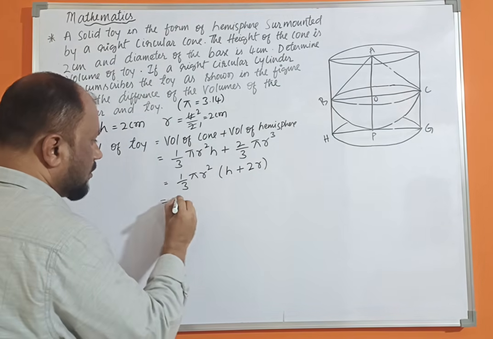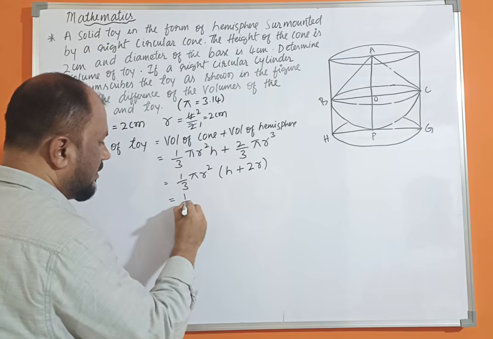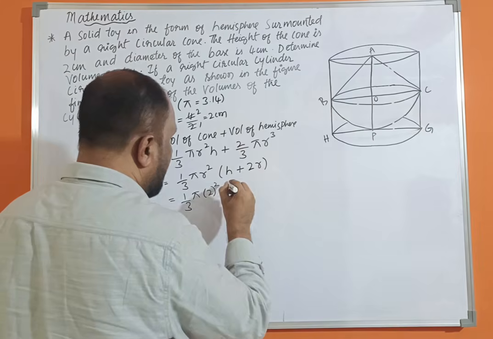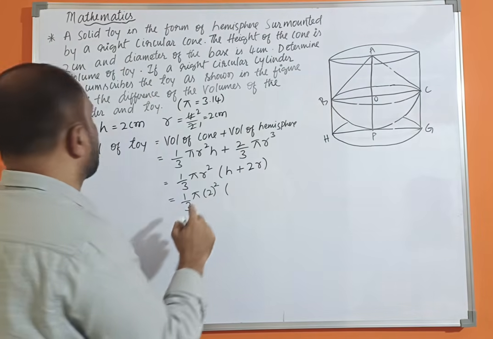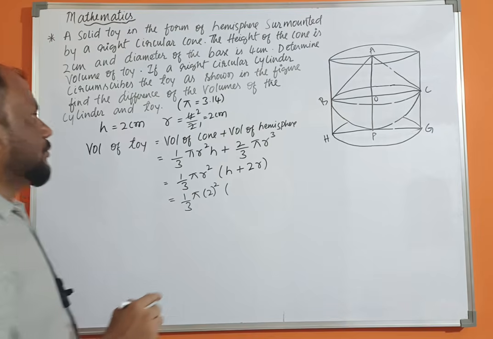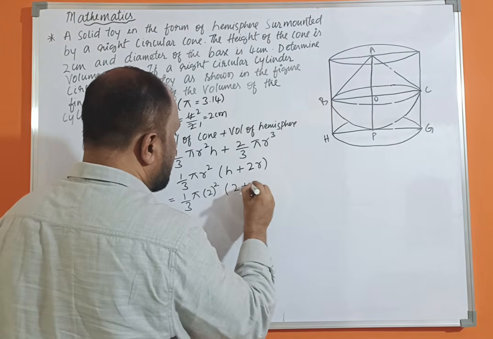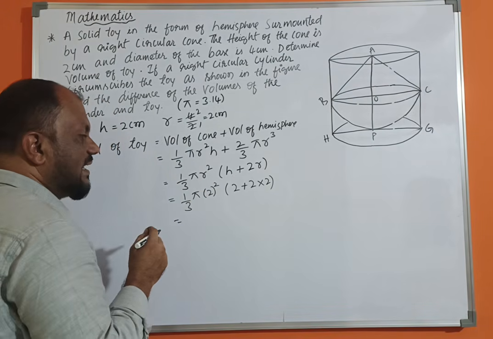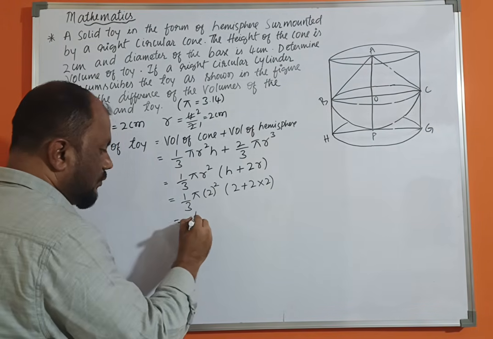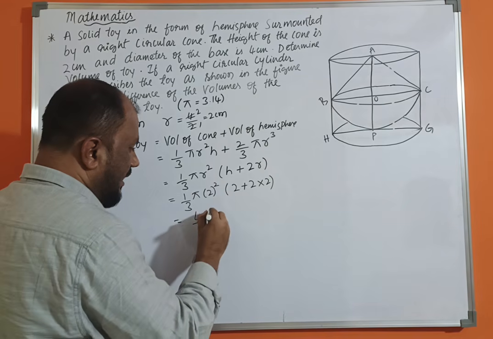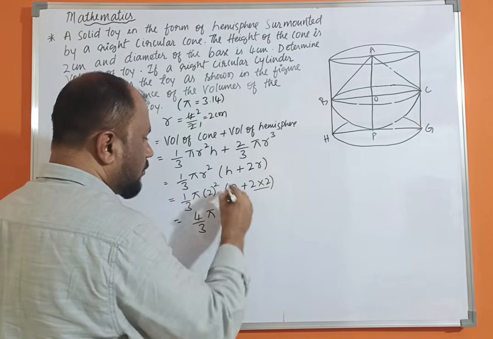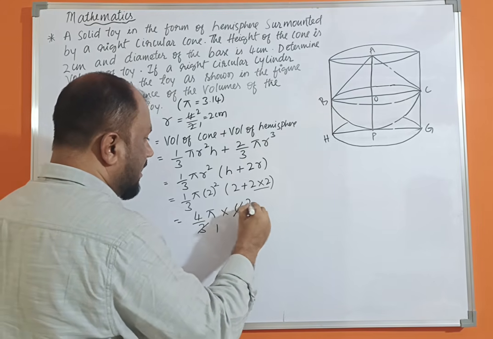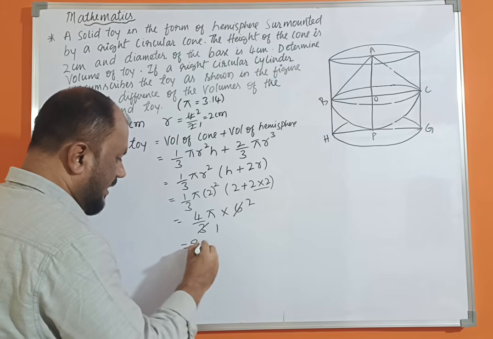Now 1 by 3 into pi, r is 2, square in bracket. h is the height of the cone, 2 centimeter, plus 2 into radius, which is also 2. Now 2 square is 4. 4 into 1 is 4 by 3 pi into 4, 2 times 4 is 8 pi.